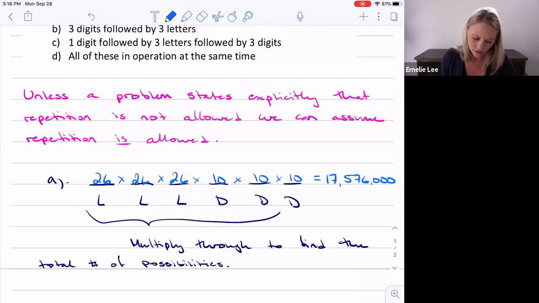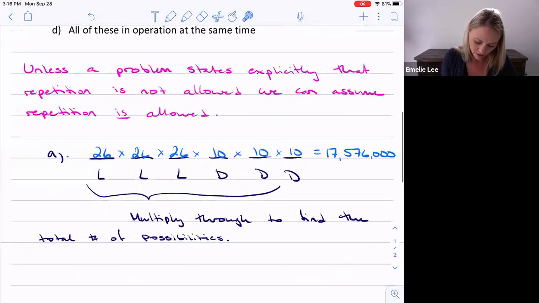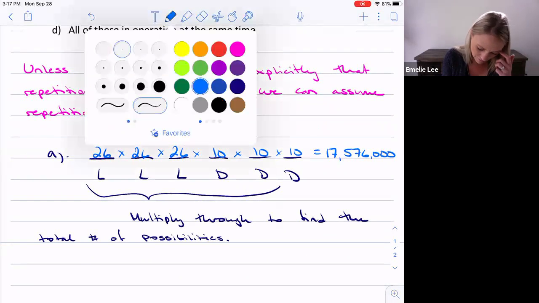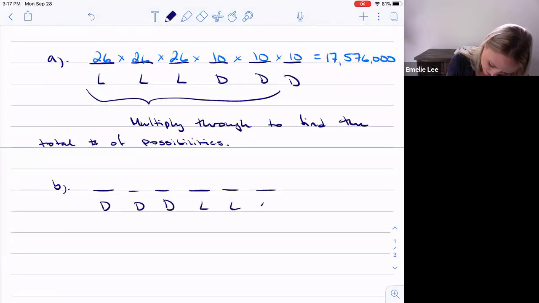So for the next one, if we have 3 digits followed by 3 letters, that's going to be the same, right? We're just multiplying in a different order. But let's just show it and have a look. So for B, now I've got a digit, a digit, a digit, followed by 3 letters.